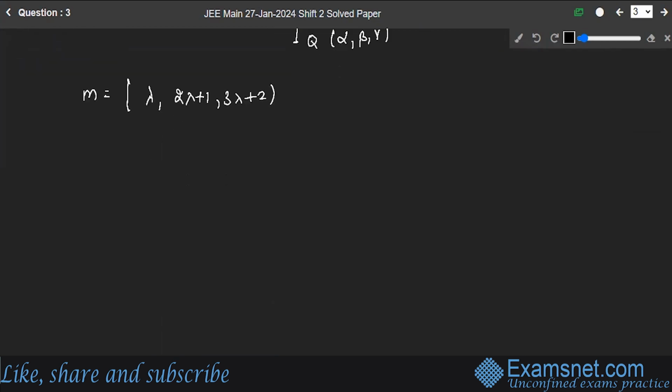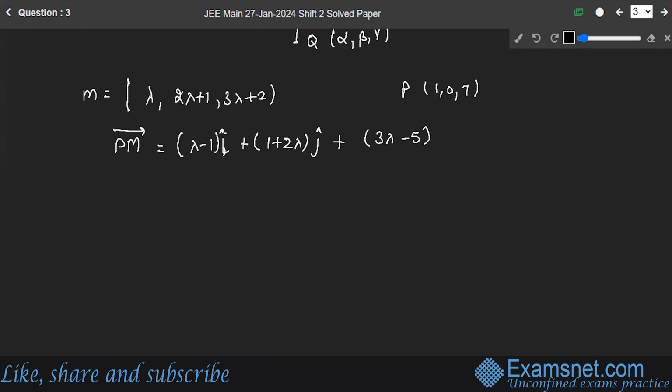Let's go for this. So you are having M as this and P, the point, was (1, 0, 7). If I want to find the PM vector, this will be given by (lambda - 1) i cap + (1 + 2 lambda) j cap + (3 lambda - 5) k cap. Okay, this is your PM vector.